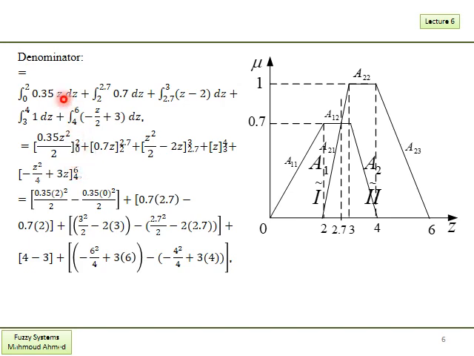Simply substitute with the values of the integrator limits.